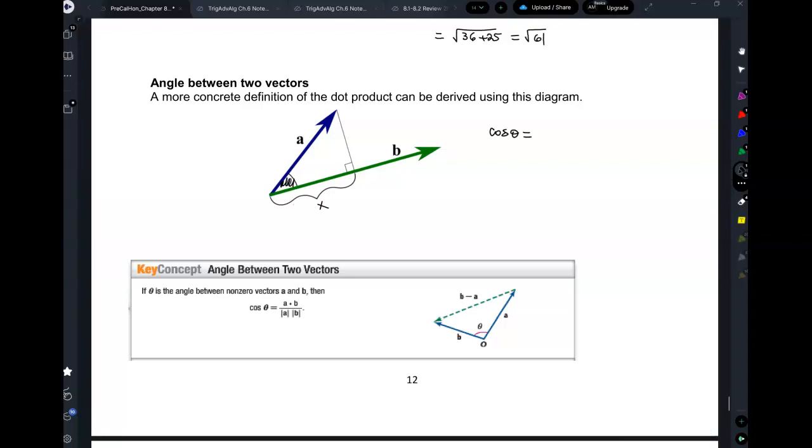How would we find x if this is just a right triangle? Cosine of theta equals x over A. So if this is A, cosine of theta is equal to x over A. So how much is that x? A cosine theta. Yes?